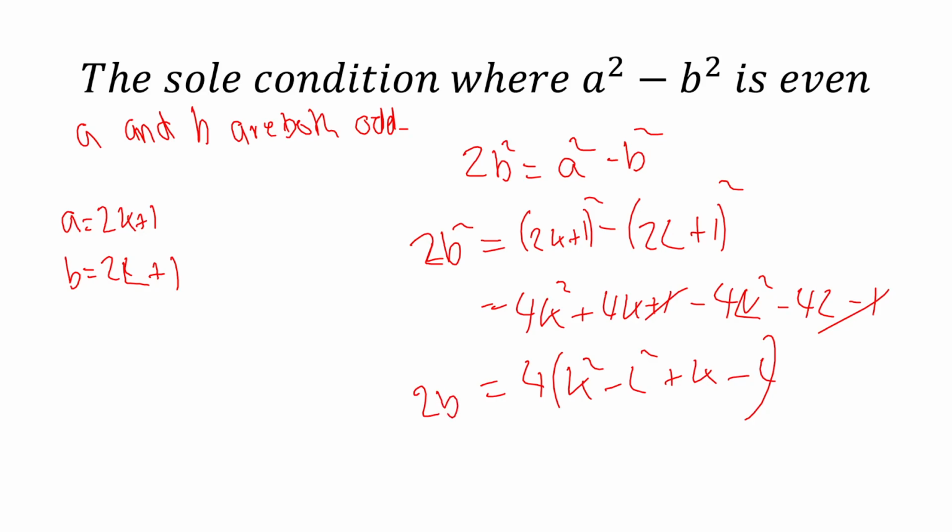However, and this is the clever bit, I think. If you can now see that 2 and 4 are both coefficients, we can reduce both sides. If we reduce this side by 2 and this side by 4, we get left with 2 on this side. b squared is 2 times something. So we don't know what the sign of k squared minus l squared plus k minus l is.